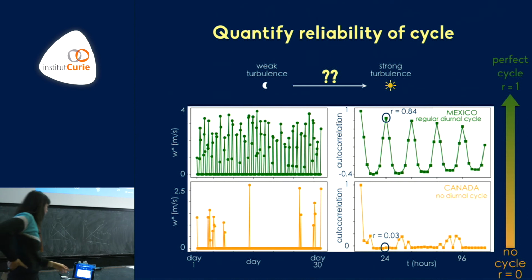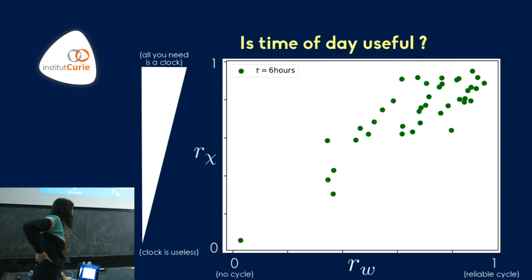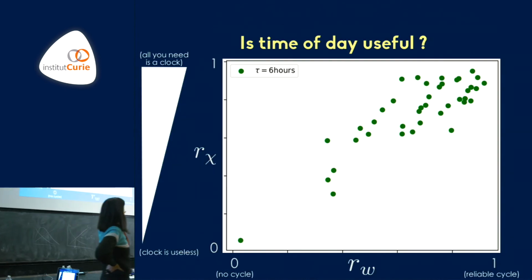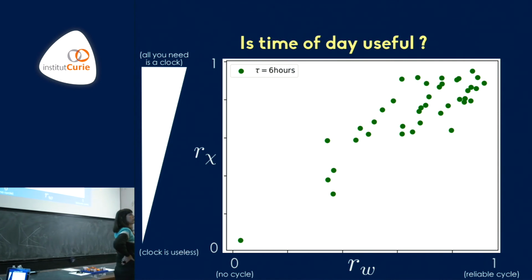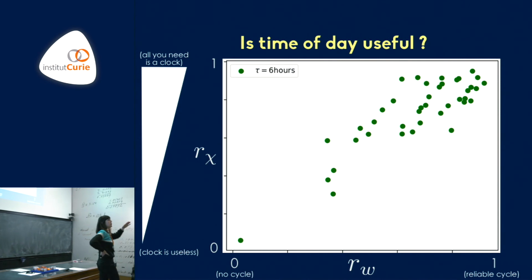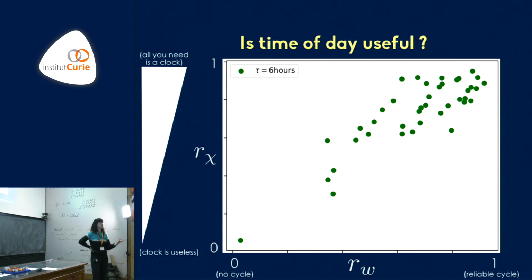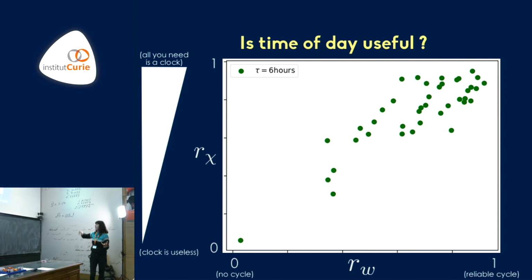What it turns out is, of course, if you have a reliable cycle, your watch is very useful. If R is equal to 1, it means during the day and during the night, you know what turbulence will look like. As a consequence, the reproducibility of your chi, the fitness, becomes close to 1.